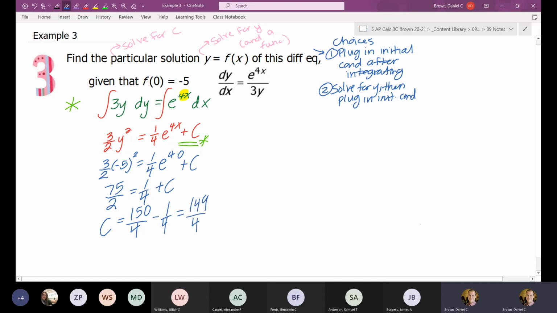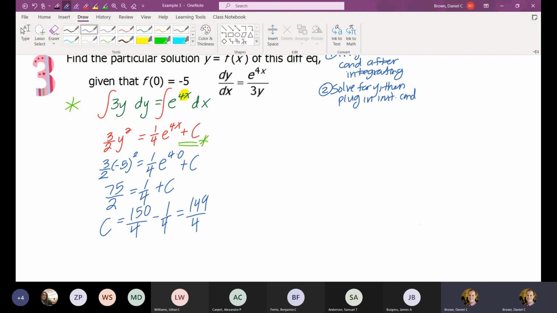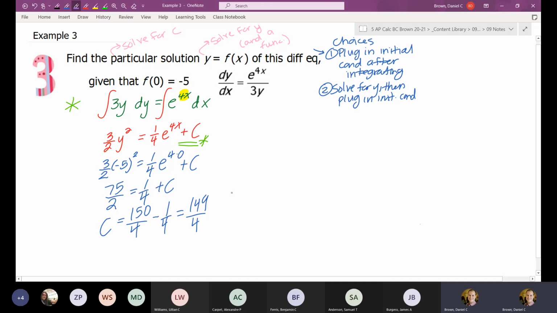which is 149/4. Again, the other option is to solve for y first, then plug in the initial condition. But I like getting my initial condition now. So then I can go ahead and rewrite my equation. Now that I know what c is, I have 3/2 y squared is equal to 1/4 e to the 4x plus 149/4.